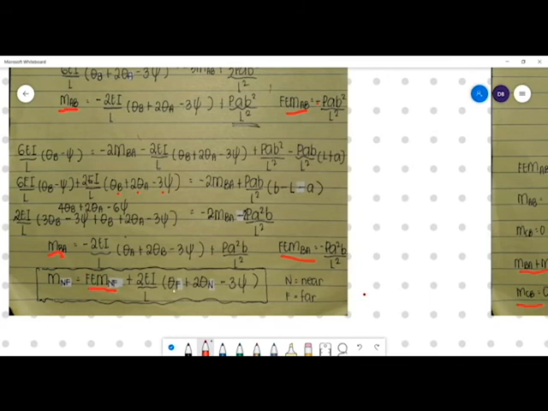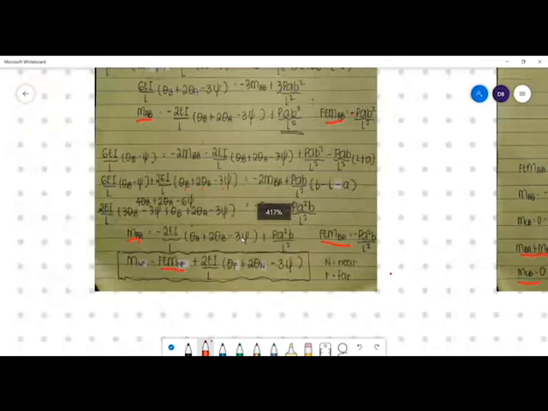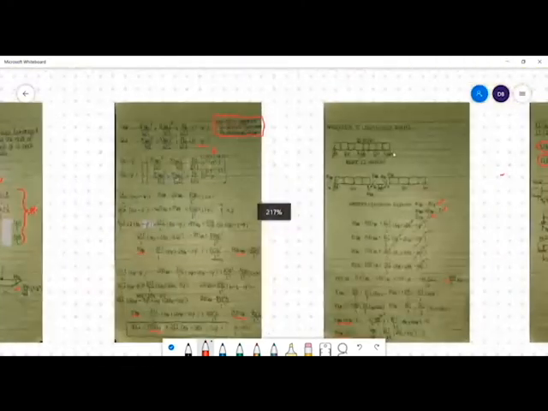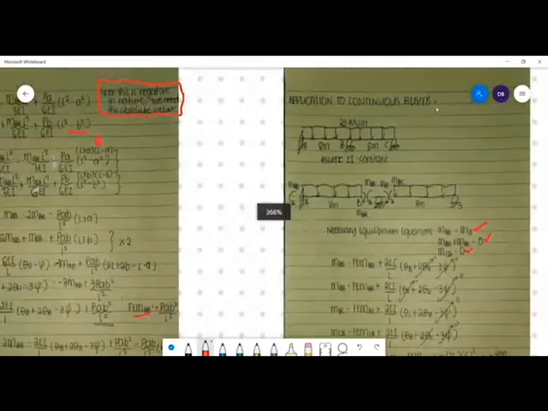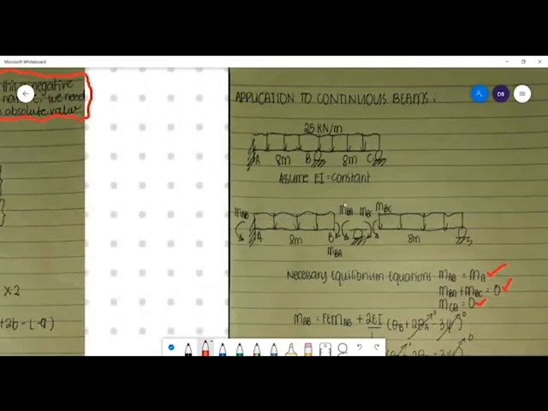Pero of course, iisa-isahin nating tanggalin yung mga restraint niya. So here, kung ginawa natin nung una, we assume that this is just fixed, no? We also assume that this is also fixed. Assume that this is fixed. So, ang mga moment dyan, moment AB, moment BA, moment BC, moment CB.